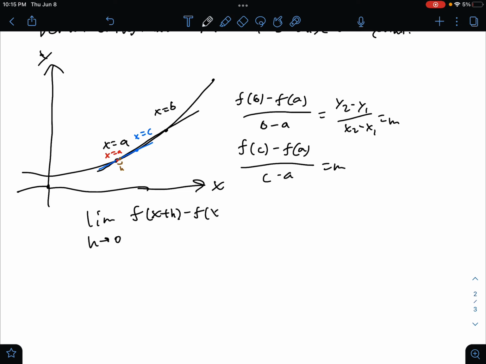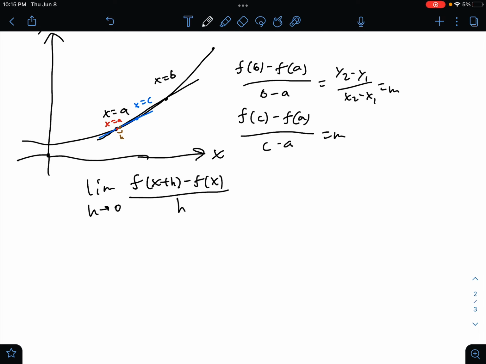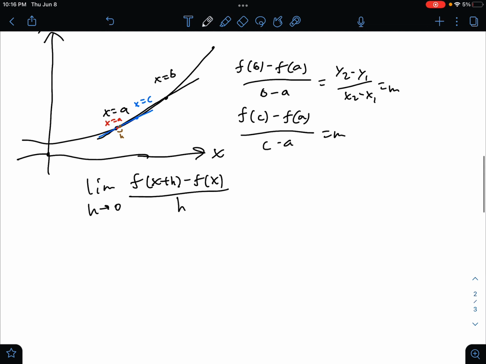Because h can't be 0, since it would be indeterminate, it would give us an indefinite answer for the slope. So we want to pick something very close to it. Now this gives us the instantaneous rate of change at that given point of the function generally.